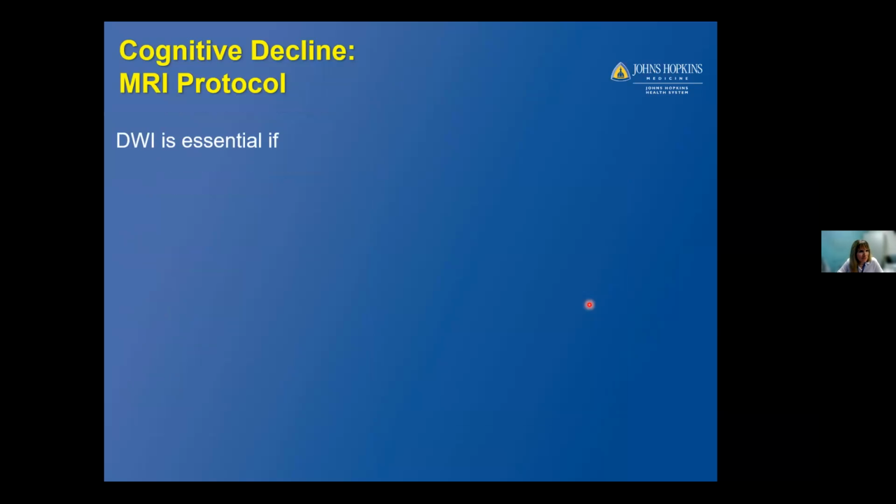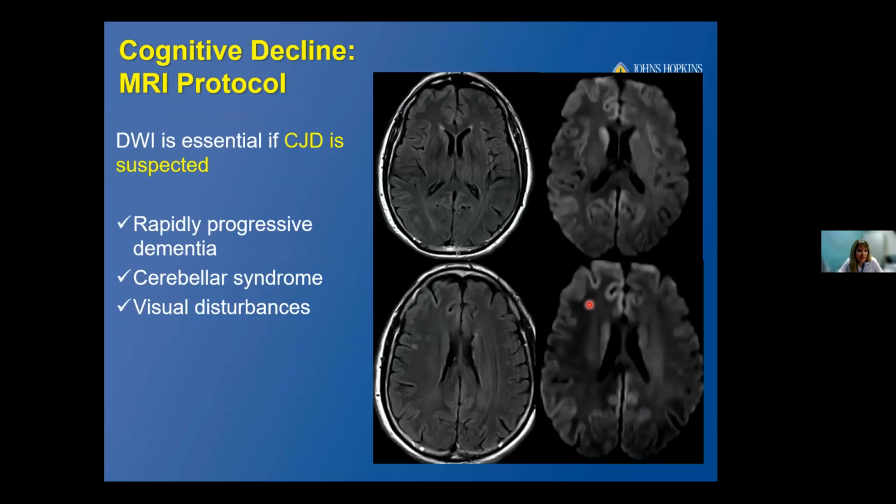In the setting of dementia, though, DWI is particularly key if the patient comes with rapidly progressive dementia, a cerebellar syndrome, including ataxia and nystagmus, visual changes or hallucinations, and myoclonus, in which case we're talking about CJD.